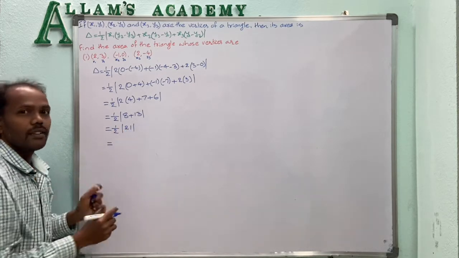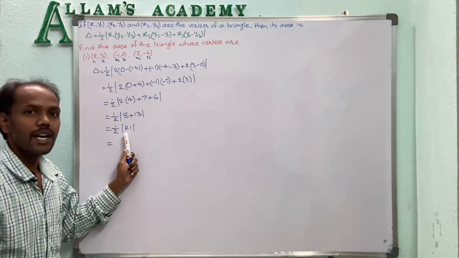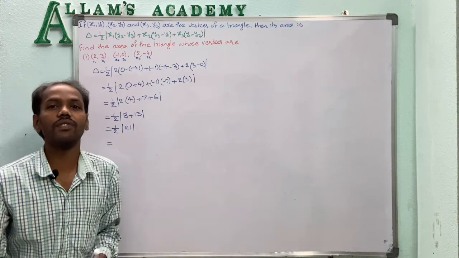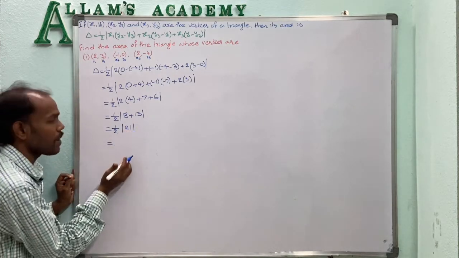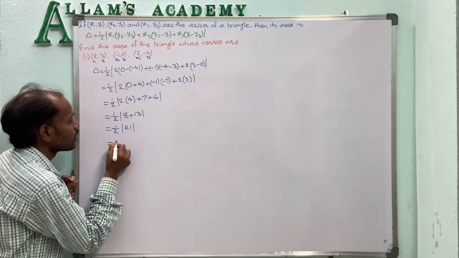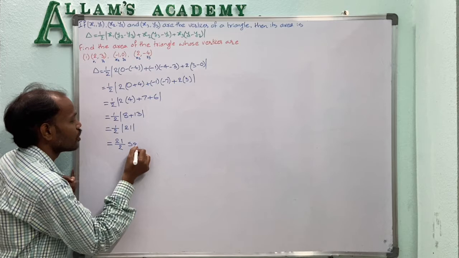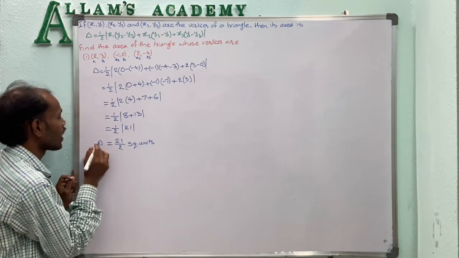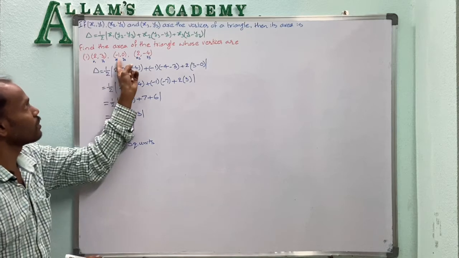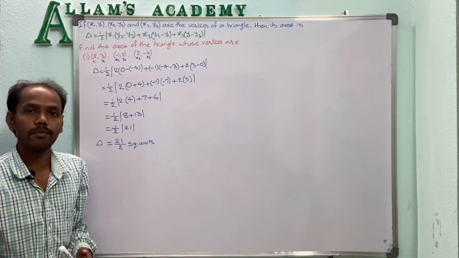Mod, as we already studied, means that whether we take a positive or negative number, the result will be taken as a positive number only. Here it is already a positive number, so the area is 21 by 2 square units. It is the area of the triangle if the vertices are (2, 3), (minus 1, 0) and (2, minus 4).